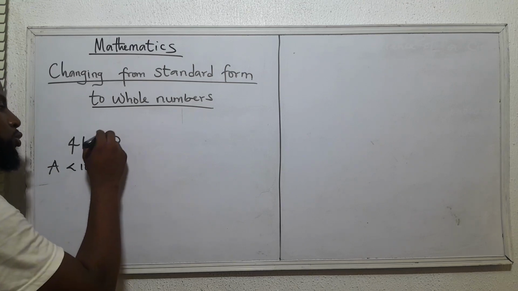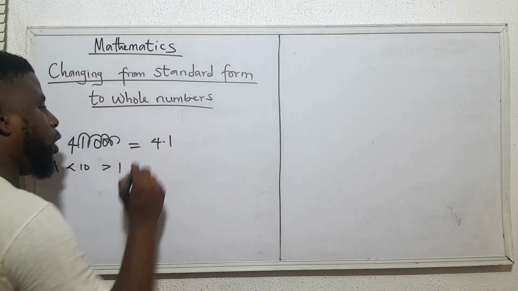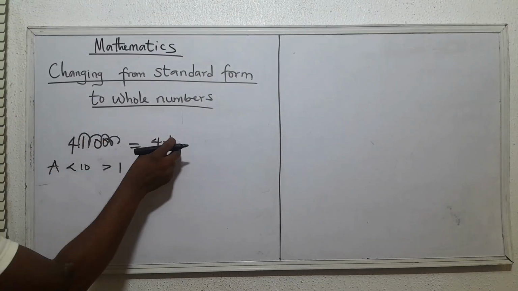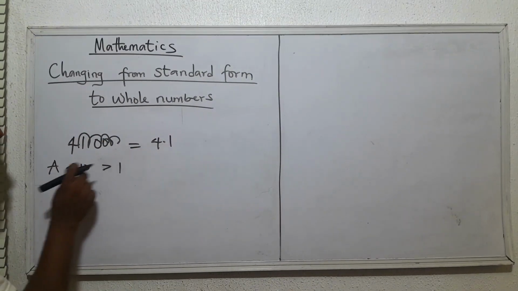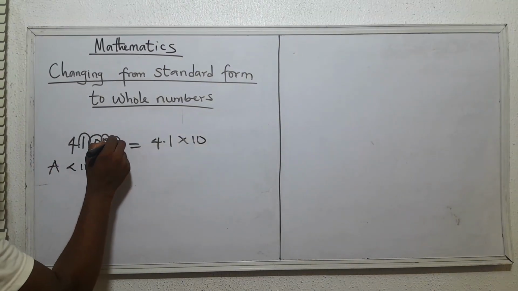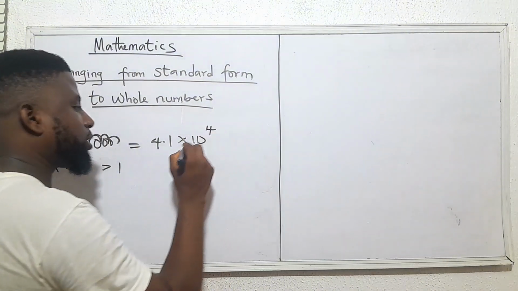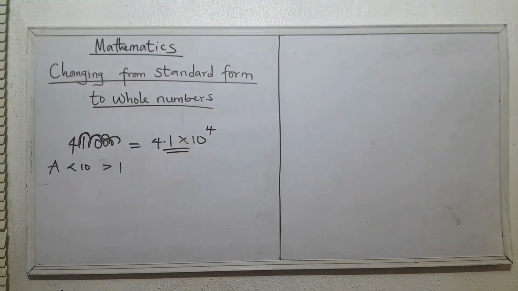So we go 1, 2, 3, 4. This gives us 4.1, right? Which is now clearly greater than 1 but less than 10. Then times 10 raised to the power. How many times did we move backward? 1, 2, 3, 4. That's 4 times. And this is our result.